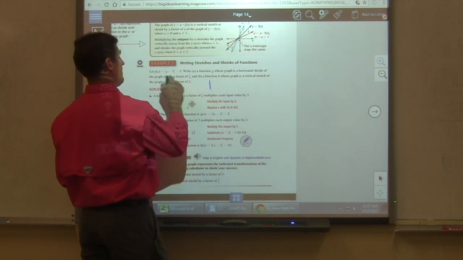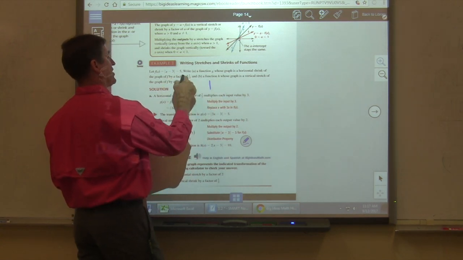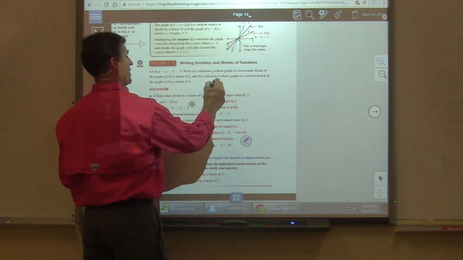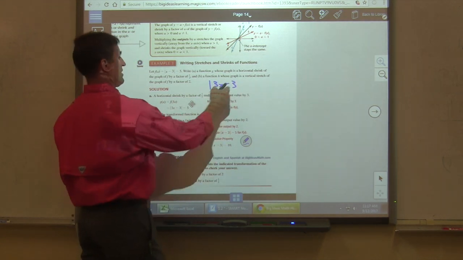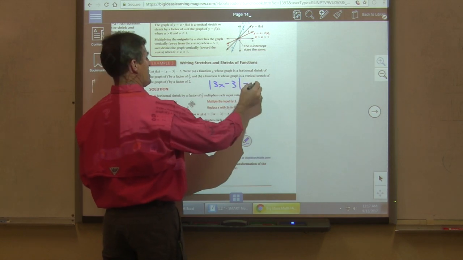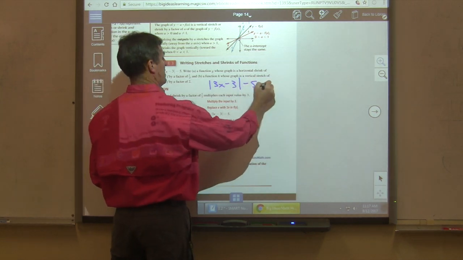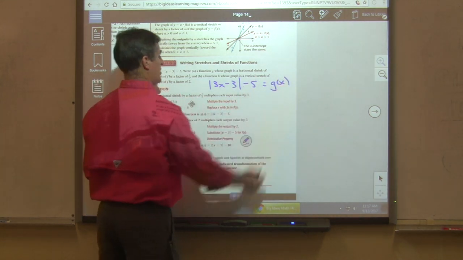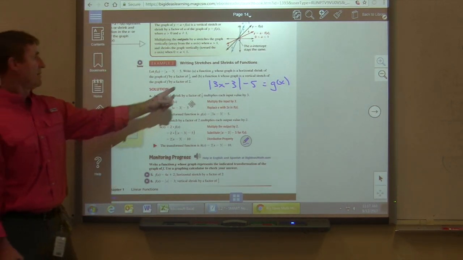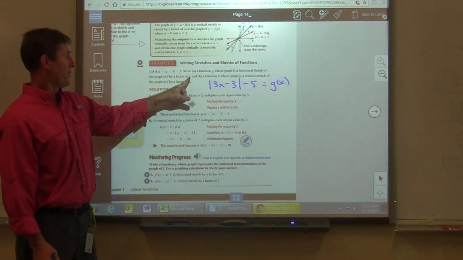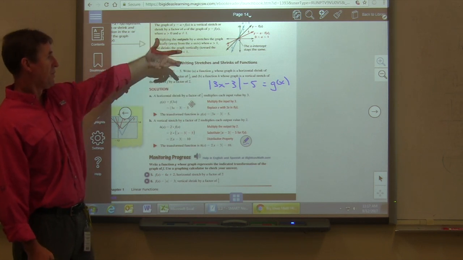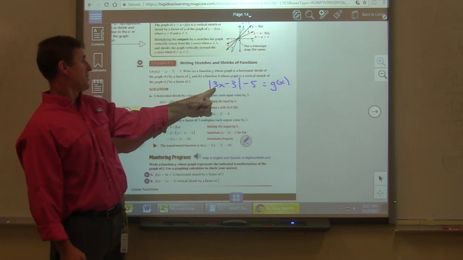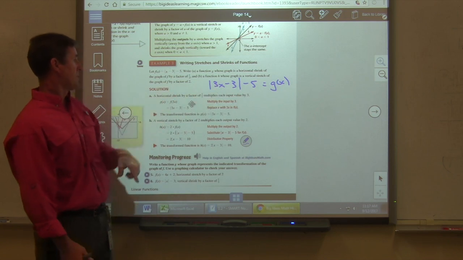So instead of x minus 3, our a is really 3, so we're going to put 3x. It just affects the x, so it doesn't affect the 3, minus 5 equals our g of x. Again, it's a factor of 1/3, it's horizontal, so it's the inverse, so it's a reciprocal. The reciprocal of 1/3 is 3, it just affects the x, so it goes inside.